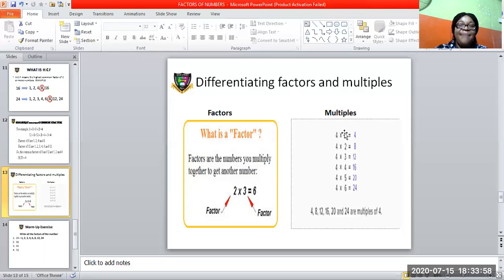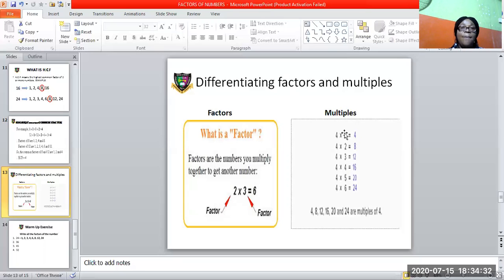You are mastering your times table. Now, when you count 4 in 2 groups, in 3 groups, in 4 groups, in 5 groups, in 6 groups, and so on and so forth, you are group counting. So the answers or the outcome of your group counting is the multiple. Do you understand?